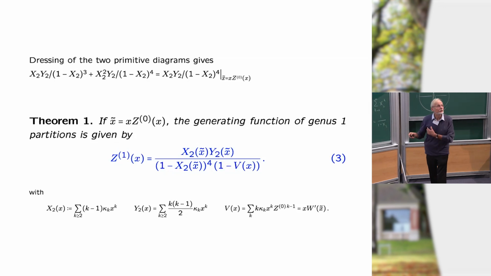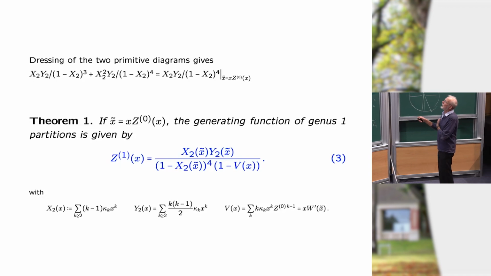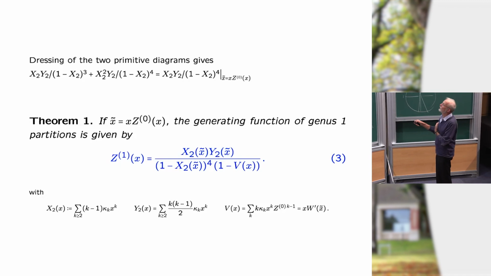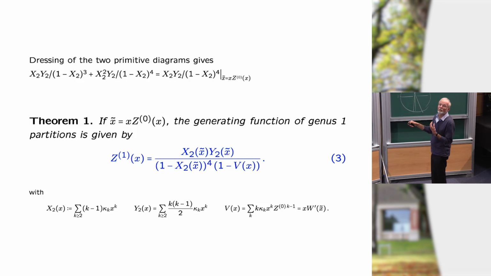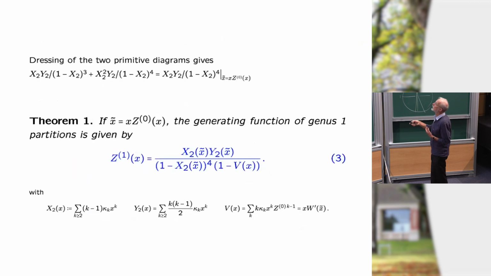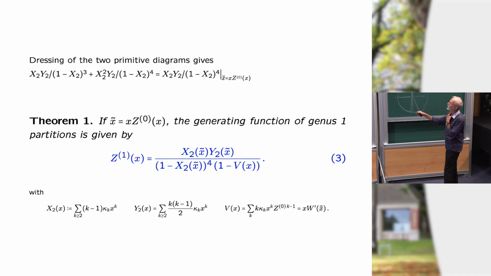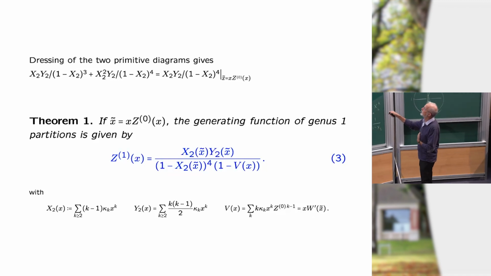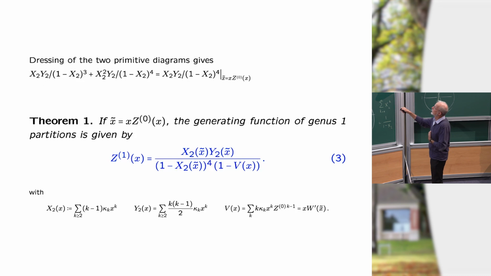Okay, so if you believe me, if you trust me, at the end of the day, you have found that Z1 was appearing on the left-hand side and the right-hand side, and on the right-hand side, it was coming with this derivative of W. So this is what I call now V. V is this x times the derivative of W. And so this is why it appears in the denominator.